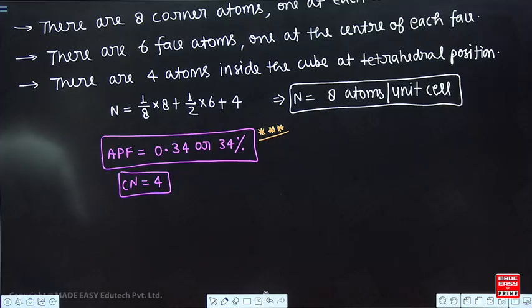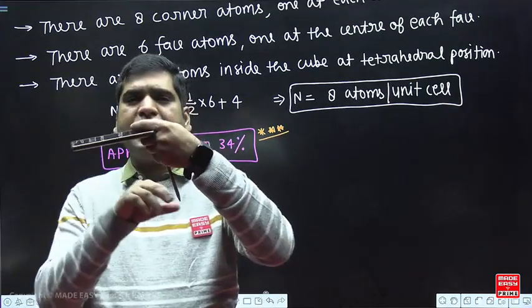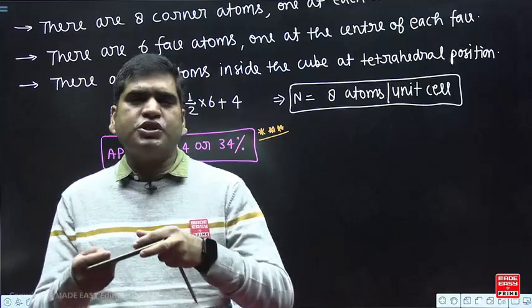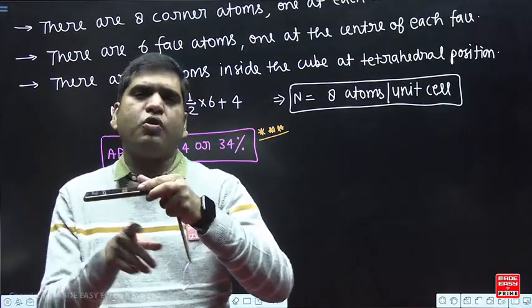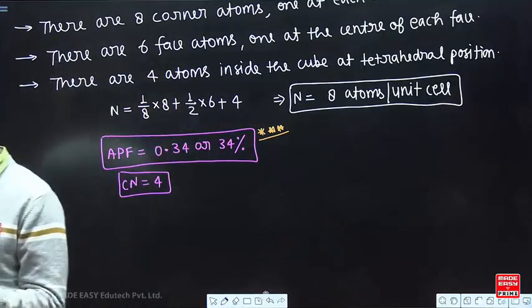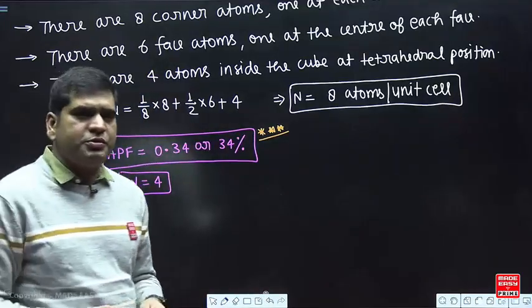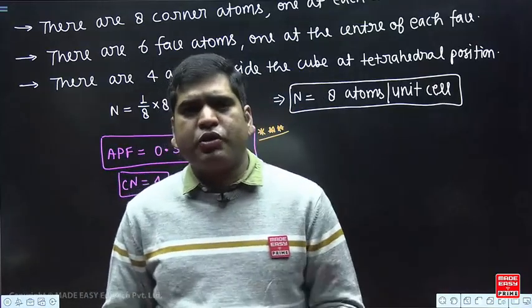The main reason for this void is the bond angle. There is a 109.5 degree bond angle, and because of the directional nature of the bond, we are not able to utilize the volume of the unit cell effectively. I told you this during covalent bonding.